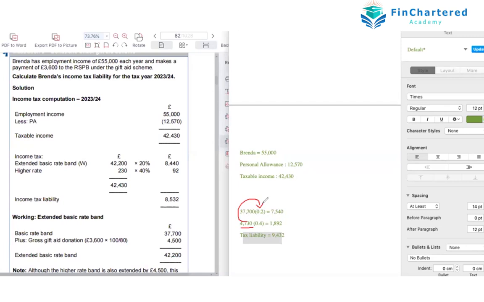So that is the second way the system is trying to give you a relief. More of your income, that is part of this 47,000, 4,730 will now move to the category where it is taxed at only 20% instead of 40%. So you're getting a 20% relief.